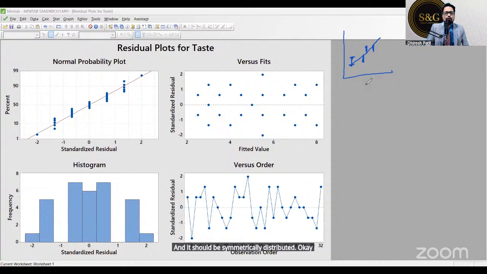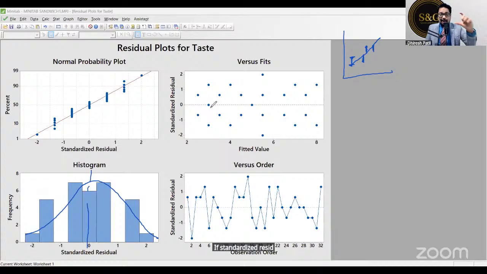Okay, so you can see the histogram here. What you need to see quickly, there are 2-3 checkpoints here. Is the histogram symmetrical? Just give me yes or no in the chat box. Are you observing a symmetry here? Just type yes or no. Okay. Check whether the standardized residuals are within plus and minus 2 standard deviations, you can see here.